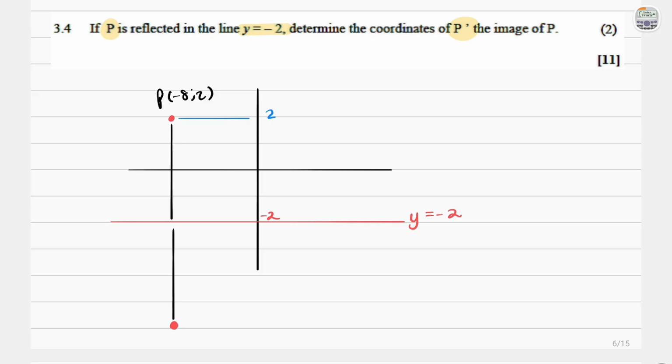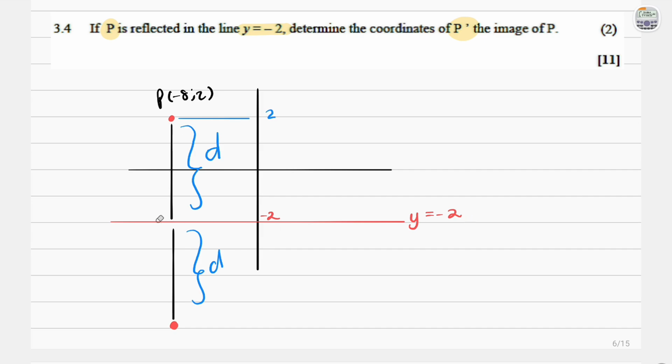When you reflect a point across a line, if you travel from that point to the line it was reflected across, the new point is going to be at the exact same distance from the line. So their distance will be exactly the same, and that's how you would know this was reflected across this line.